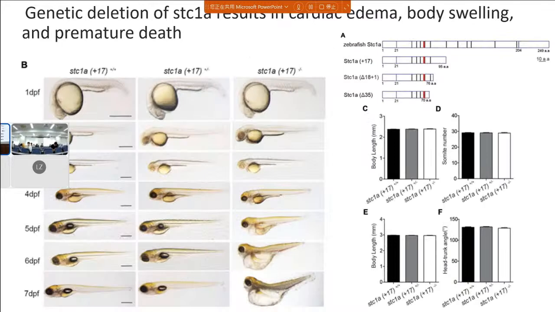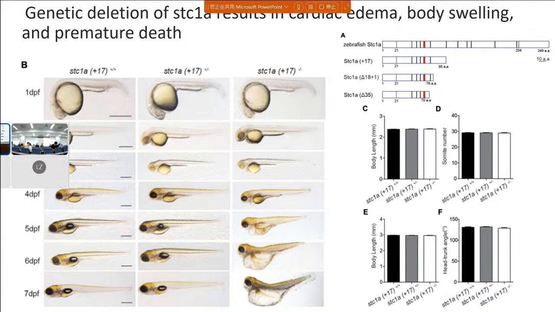To determine the in vivo function of STC1A, three STC1A mutant fish lines were genetically generated using CRISPR-Cas9, known as STC1A plus 17, STC1A delta 18 plus 1, and STC1A delta 35.